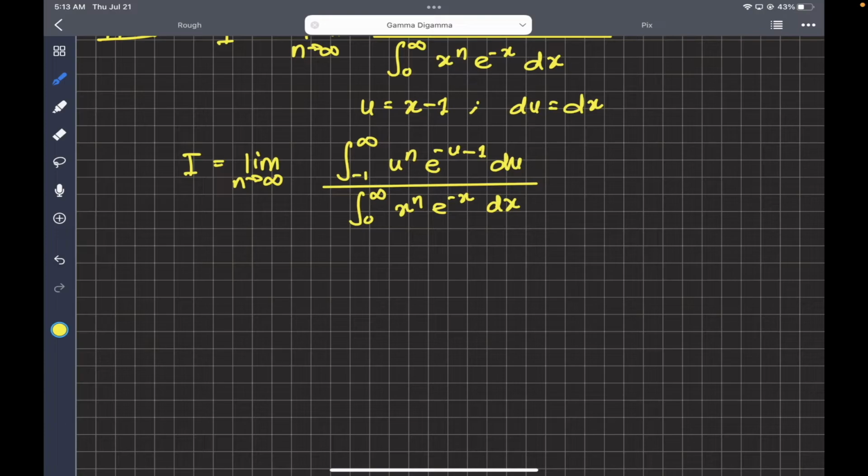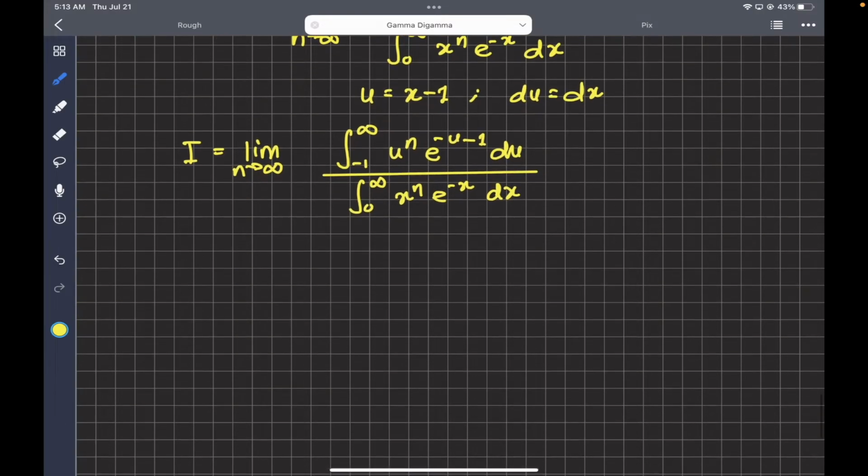Okay, so now we can still simplify a little bit more. The e to the minus 1 will become 1 over e.